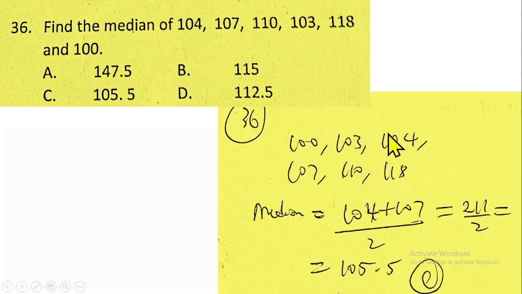All the numbers here are 6, that is an even number of values, so there will be two numbers at the middle, which are 104 and 107. You add them together and divide by 2, that gives us 211 divided by 2, and that gives us 105.5. So option C is the correct option for question number 36.